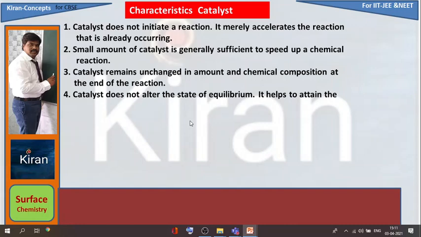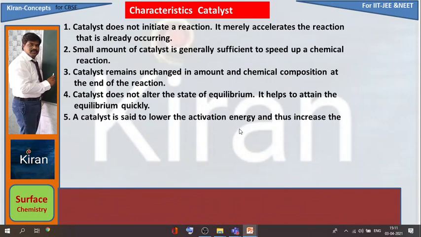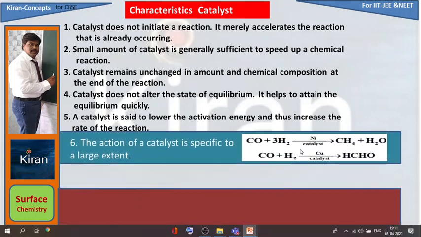It does not change either in the initial or final state. The chemical composition will not be changed. A catalyst does not alter the state of equilibrium but helps to attain the equilibrium quickly. A catalyst is said to lower the activation energy and thus increase the rate of reaction.